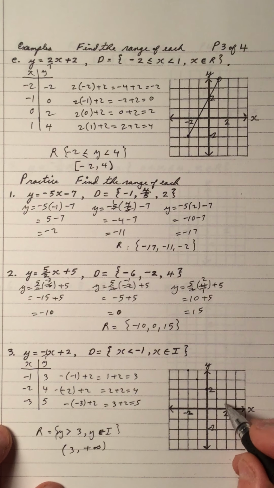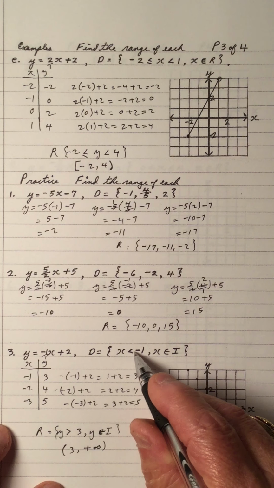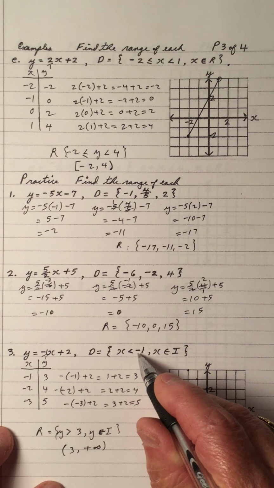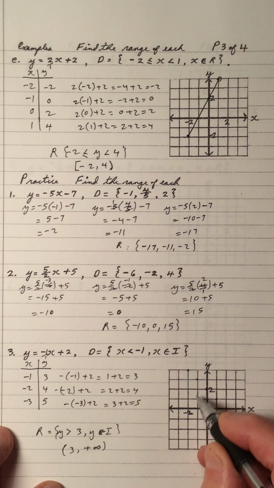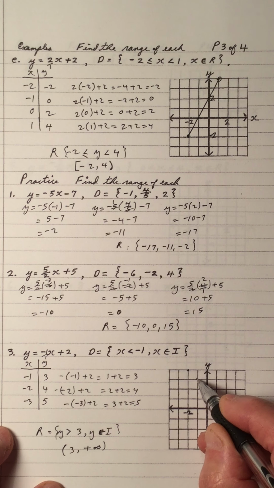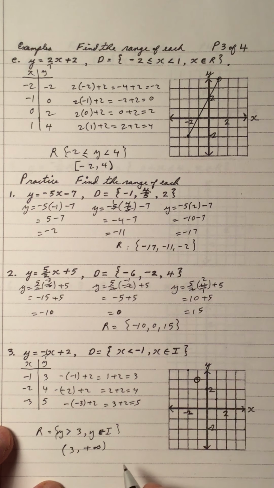But even though these are the dots that I have on right now, I can only start at the negative 1, but I can't have that. I can't have the negative 1. So I can't have that point. And I can't have these.